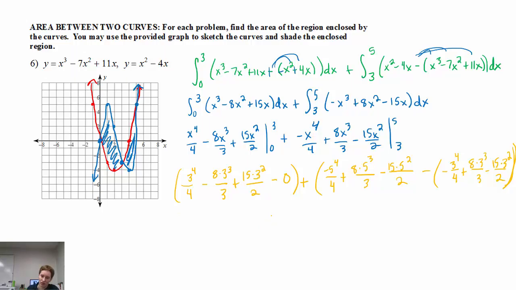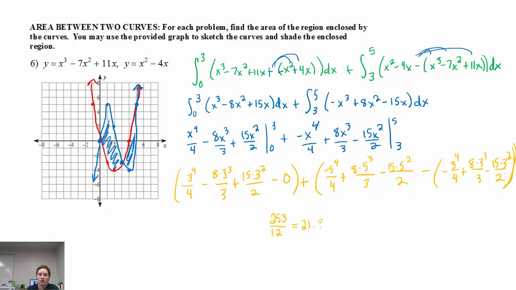I think it took me a while to get the right answer, which is 253 over 12. Which for some reason I did not write down the decimal on, so that's 21 point something. 21 point something is the answer to that if you get the decimal.